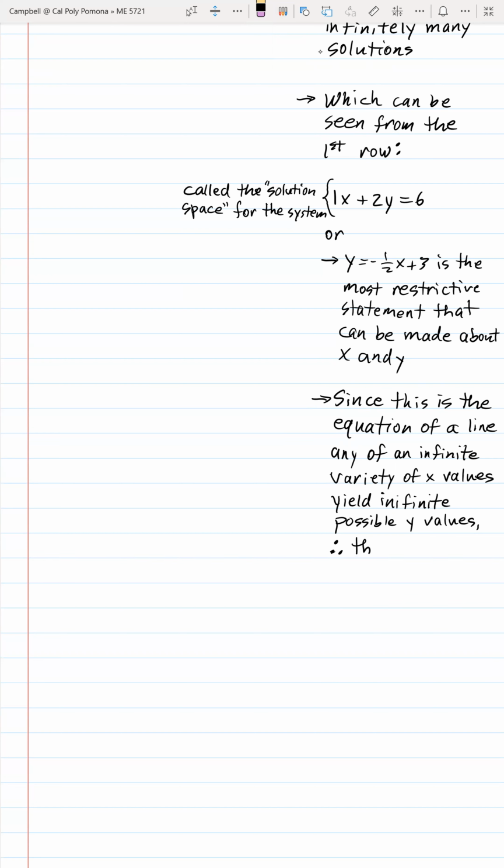Therefore, there are infinitely many solutions.